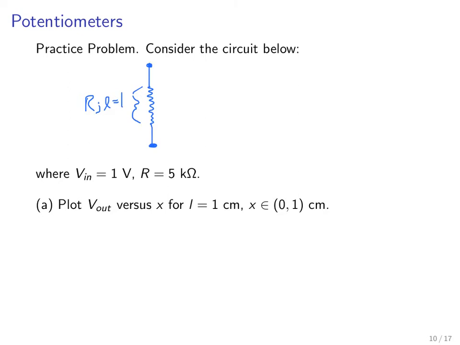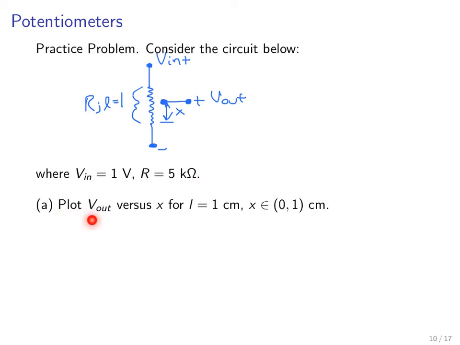Okay, and then we have the wiper, which at any given point in time will be at some point along this curve, and it's referenced there, and Vin positive is up top and Vout is here. Okay, and then the displacement at any given point in time is this x variable here. Okay, so here Vin will be equal to 1 volt and R will be equal to 5 kiloohms.